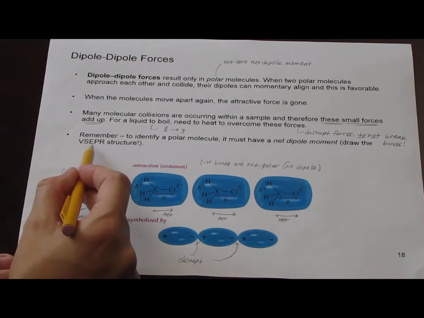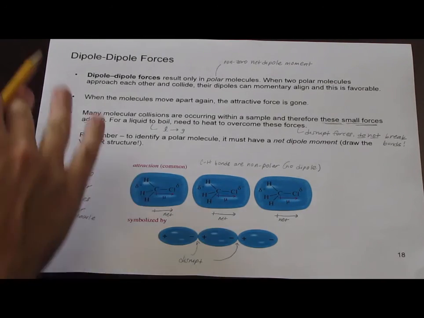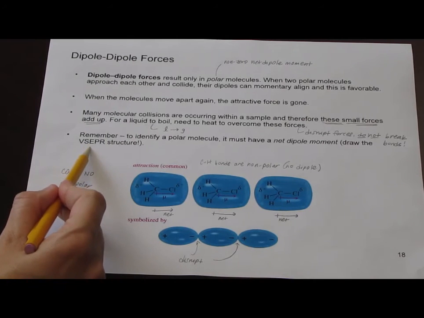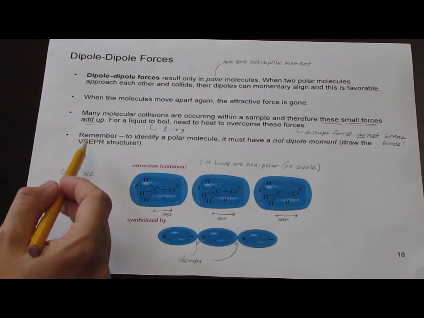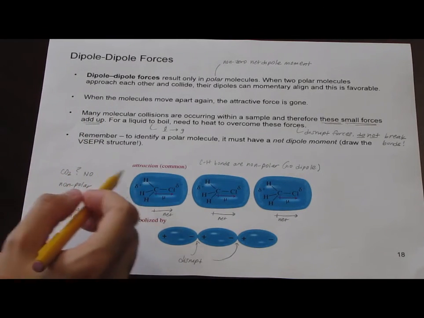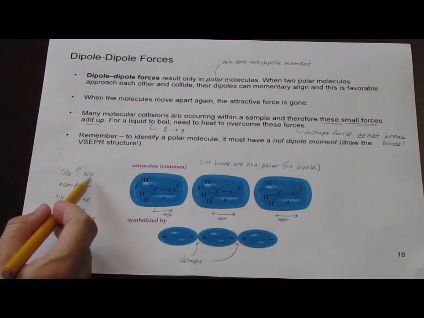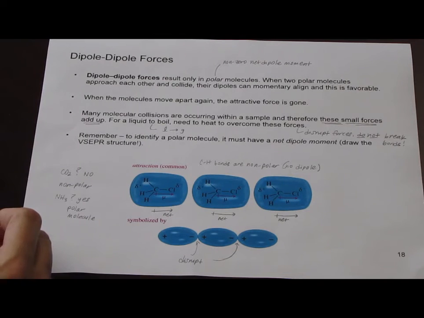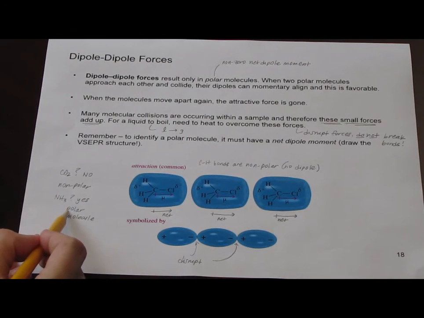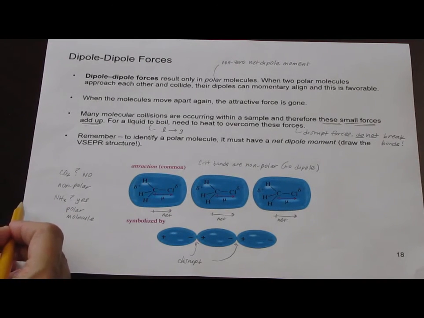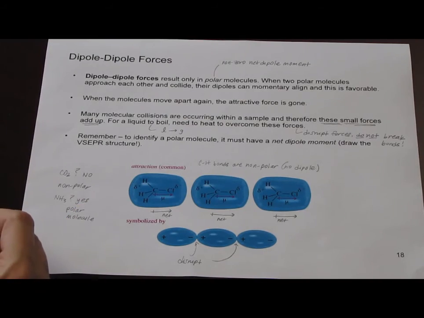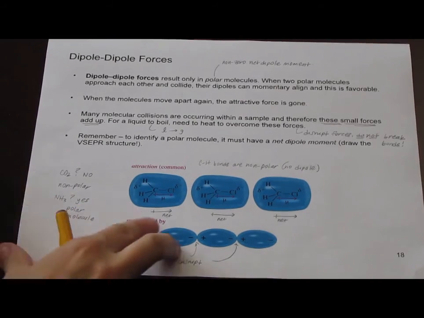Again, a reminder that you do not want to talk about these forces until you draw the VSEPR structure and understand whether you're going to have these forces or not. CO2 is nonpolar, so it has no dipole-dipole forces. Ammonia is polar, as we saw on a previous slide, so yes, it will have dipole-dipole forces.